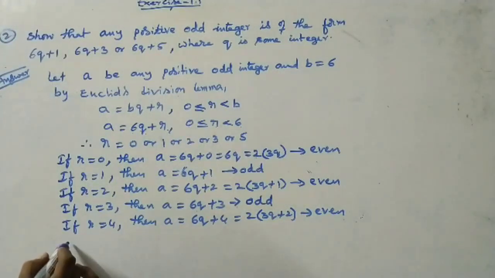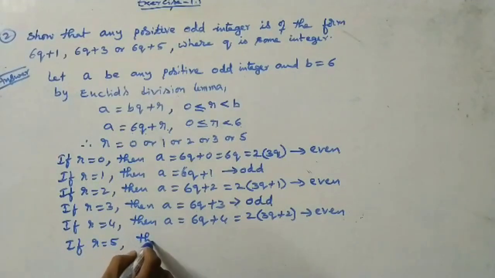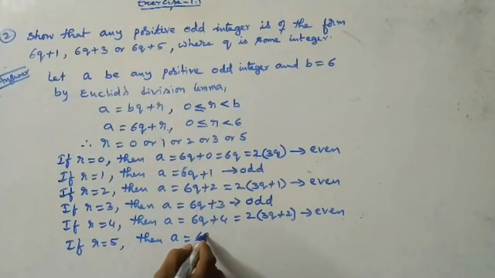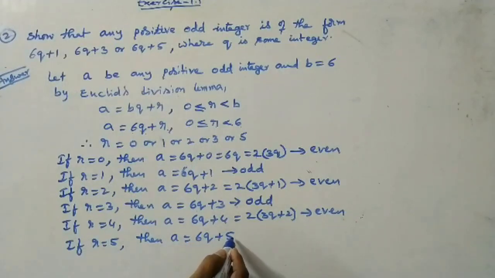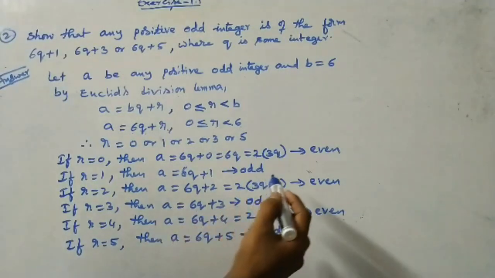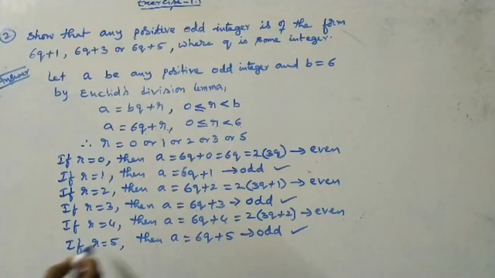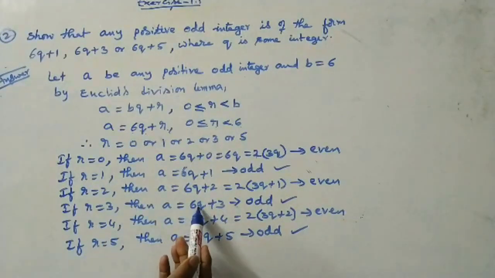Finally, if r is equal to 5, then a is equal to 6q plus 5. 6q is an even number, plus an odd number, finally we will get an odd number. Observe that all the odd numbers are in the form of 6q plus 1 or 6q plus 3 or 6q plus 5.